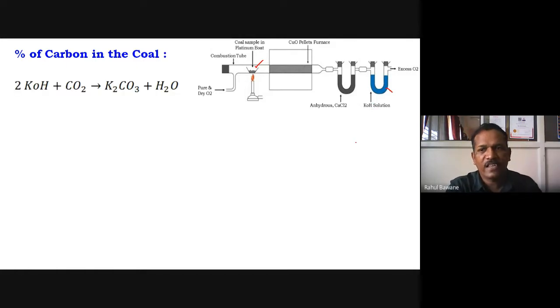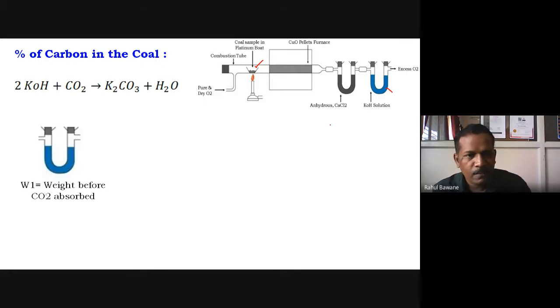So how does the reaction take place? KOH solution plus CO2 gets converted into K2CO3 plus H2O. After balancing, we come to know that 2 KOH plus CO2 gets converted into K2CO3 plus H2O. So this chemical reaction takes place.